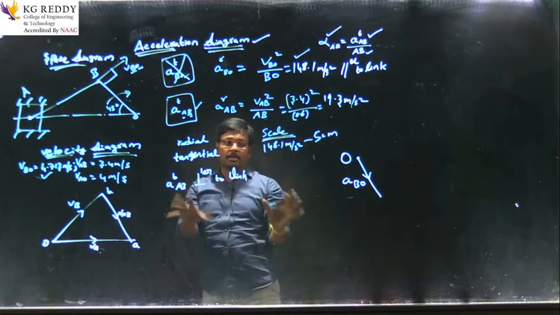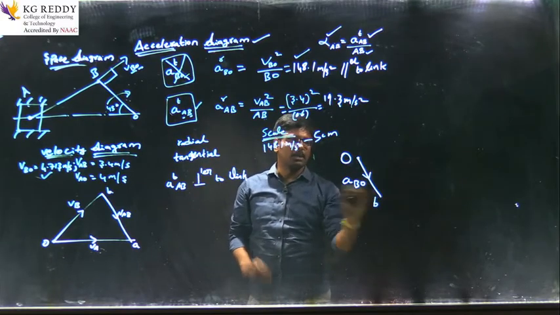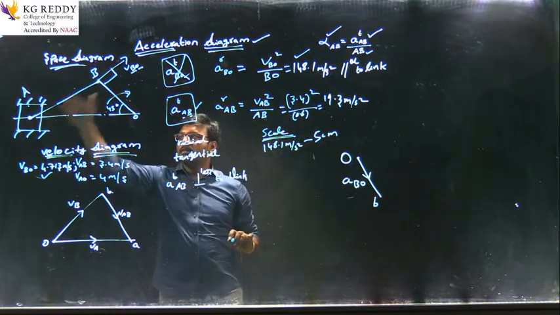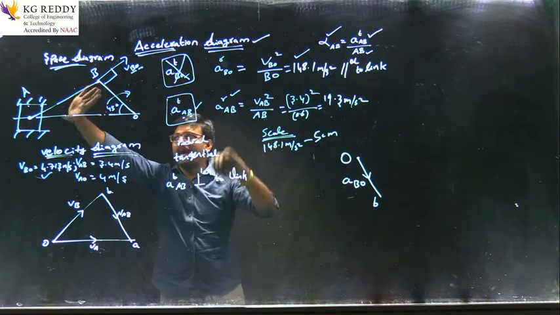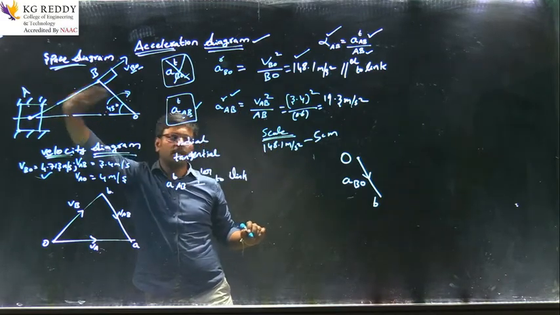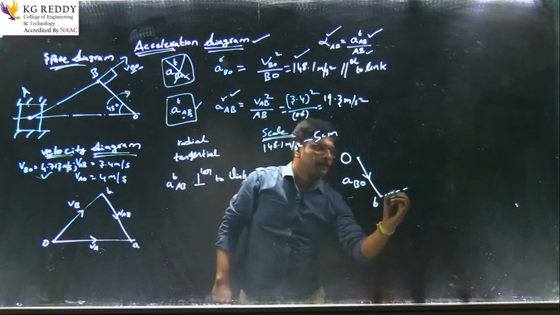So how do we take it? See, here it is B, right? This is O and this is B, right? If you see here, the link AB is there, and the radial component is parallel to AB, which I have to take, it may be 0.7 centimeter.